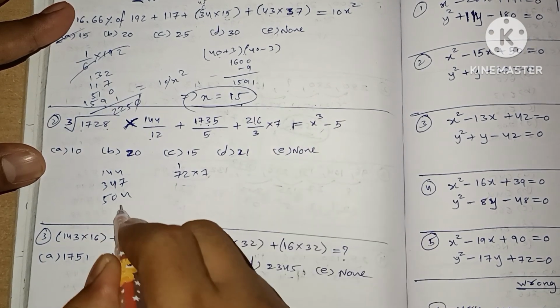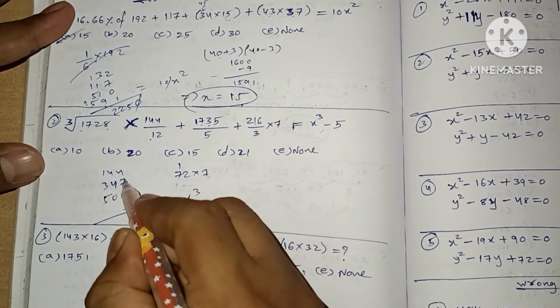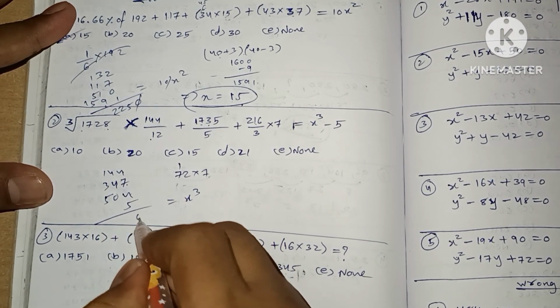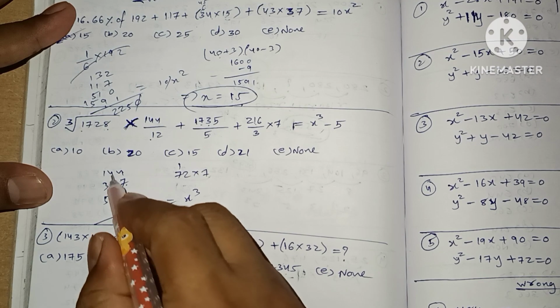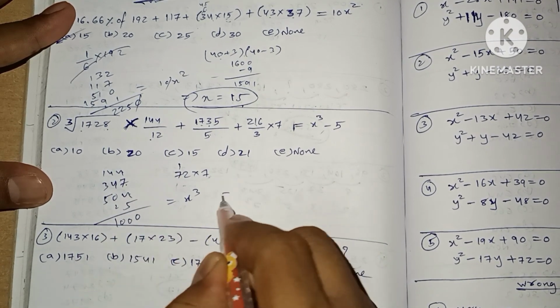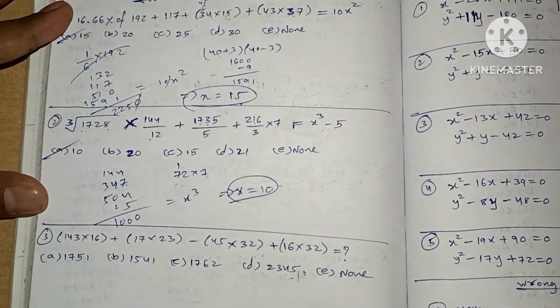This minus 5 comes this side with the plus 5. So whole equals to x cube. So this will be 9 plus 7, 16, 16 plus 4, 20. This will be 8, 0, 0. This will be 10,000. So x value is 10. Option A is our answer.